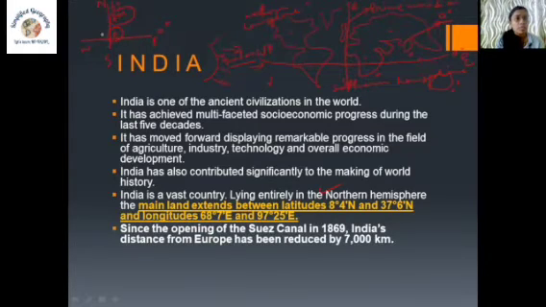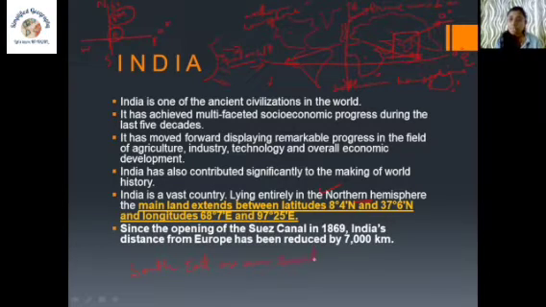Clear this thing? So this north-south line also divides the earth into two hemispheres. What are these? Western hemisphere and eastern hemisphere. So if you try to understand the location of your country, India, it resides in the northern hemisphere, and also in some books, articles you will find Southeast Asian countries.